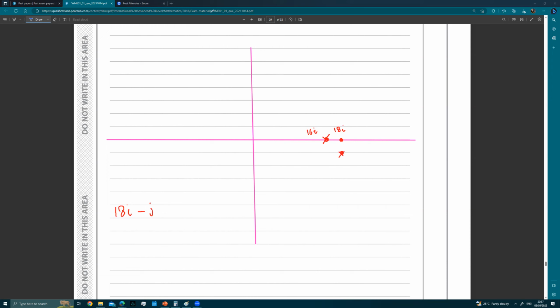Now, we know that when the ship was at the position 16i, the lighthouse was somewhere east. So the lighthouse was somewhere along this blue line. And now when 2 hours later, when the ship is at 18i minus j, the lighthouse was northeast. So it's somewhere at a 45-degree angle.